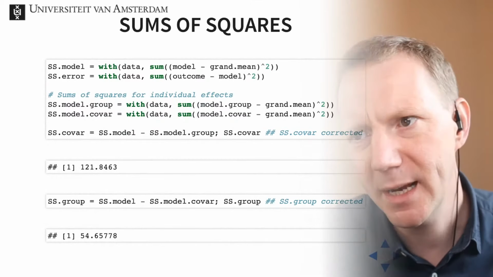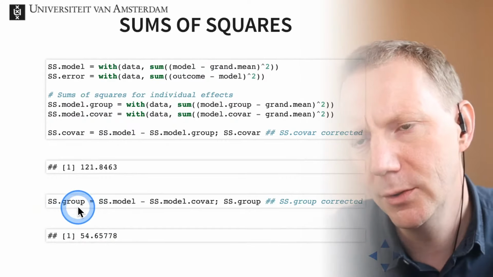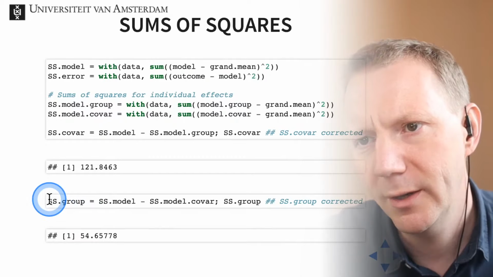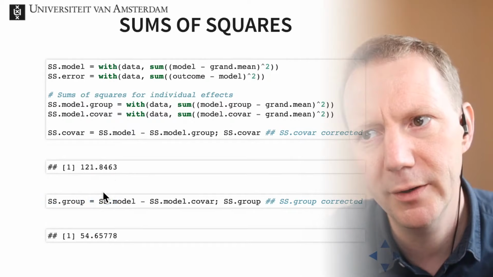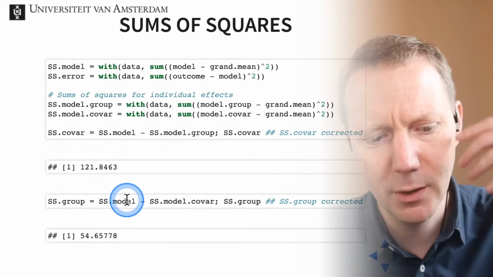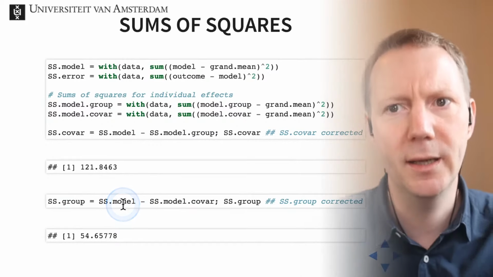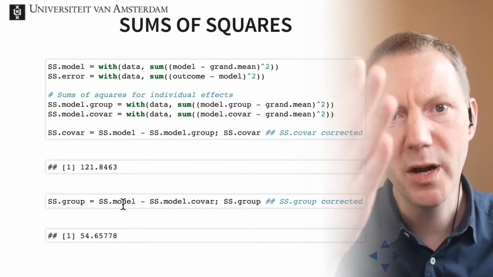So you have to be able to understand these conceptual parts. The thing that I'm showing here, for example, is relevant. It's relevant to understand that if you want to look at how much variance is explained when correcting for the covariate, you have to have the conceptual notion that if I have a model which combines them, it explains this much.